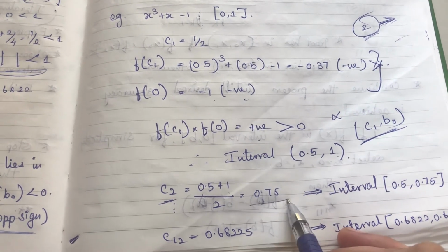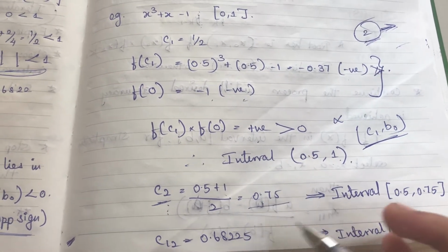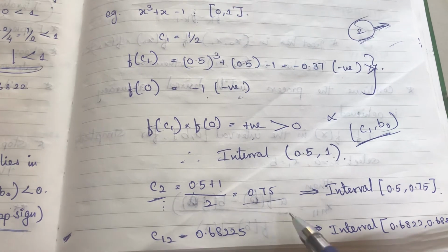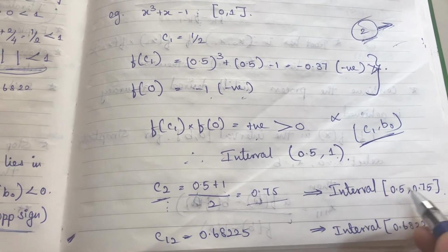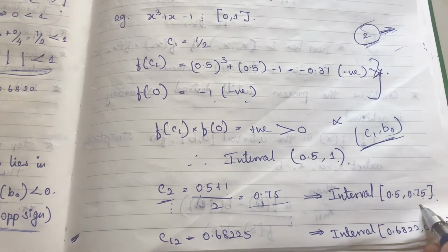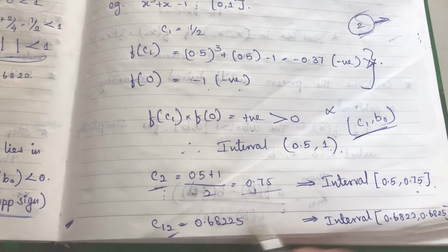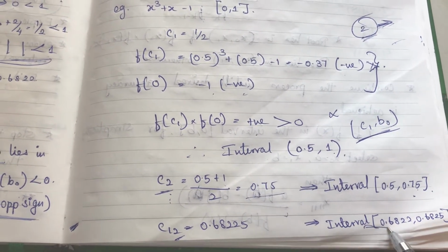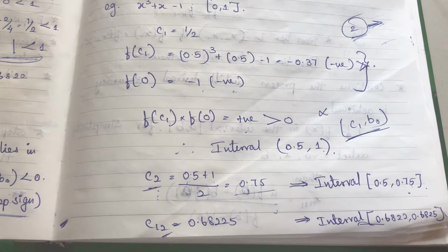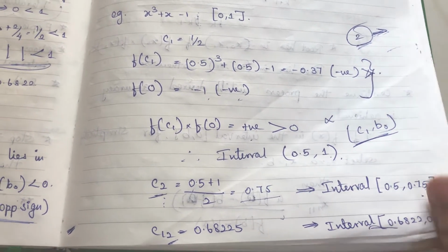So we have found it, and again it is greater than 0. So again we need to take the other interval. It will go on up to C12, so we have got the last interval. You can see here it is almost the same.